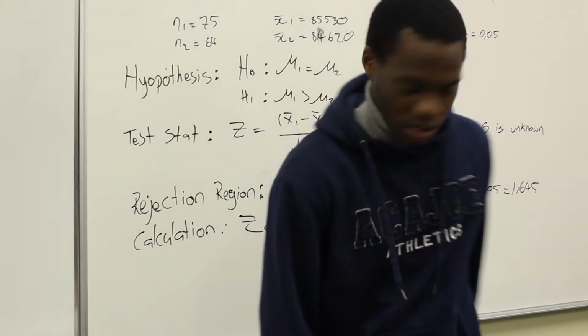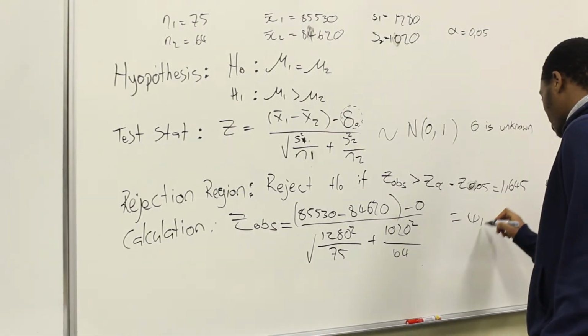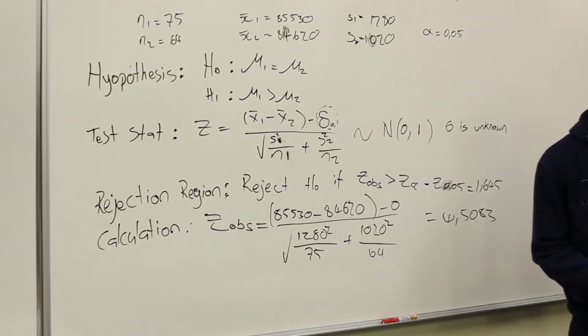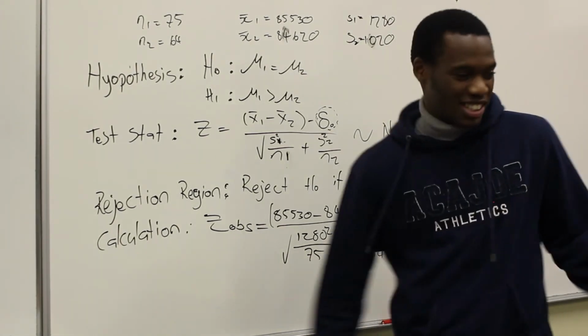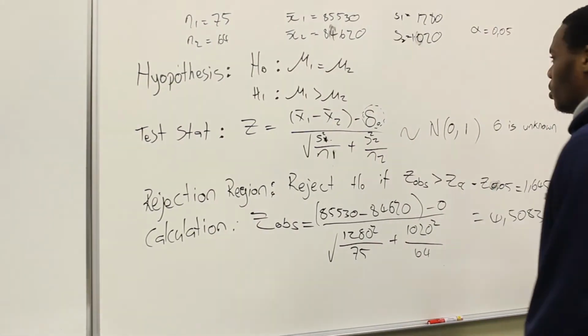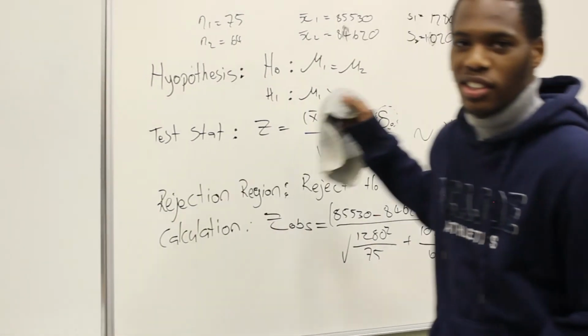The answer should be 4.5083 if I'm not mistaken. You guys can check it. And then we go on to the p-value. Can I erase this because I'm going to run straight?